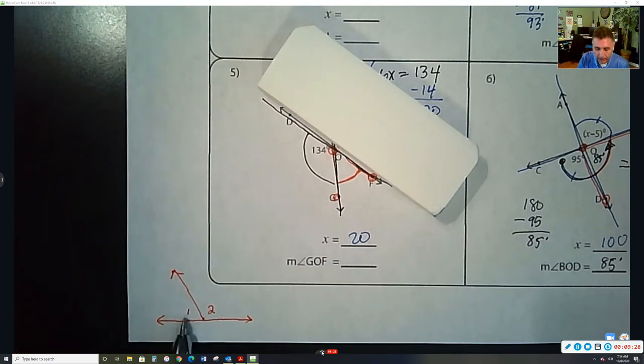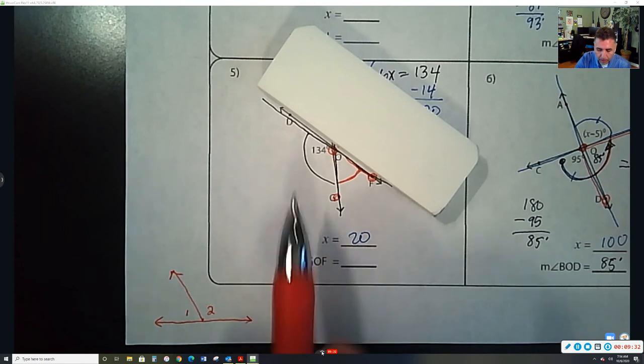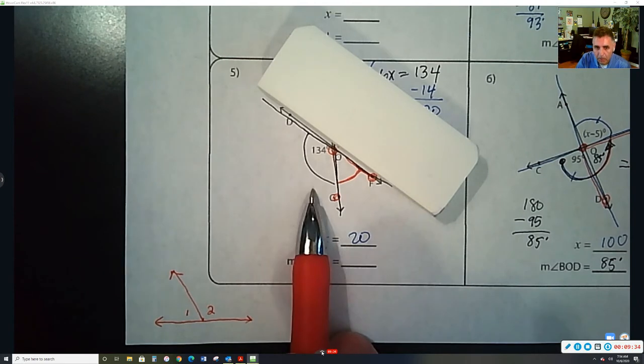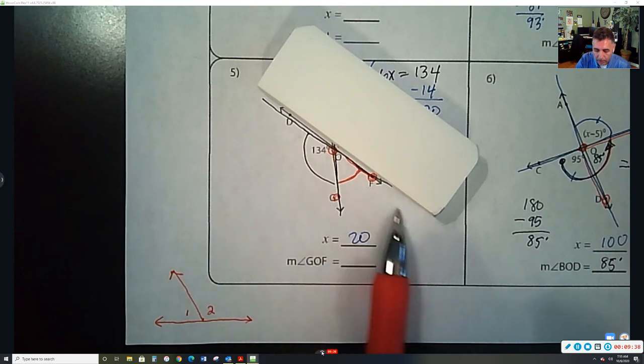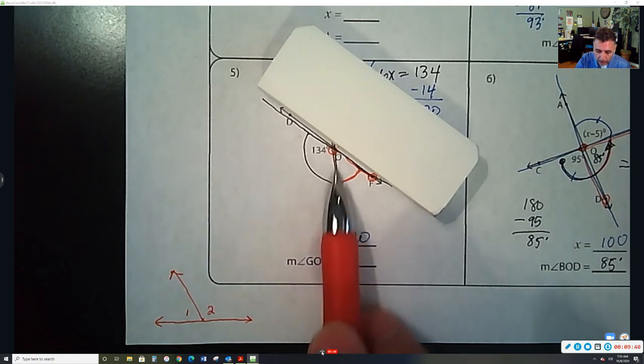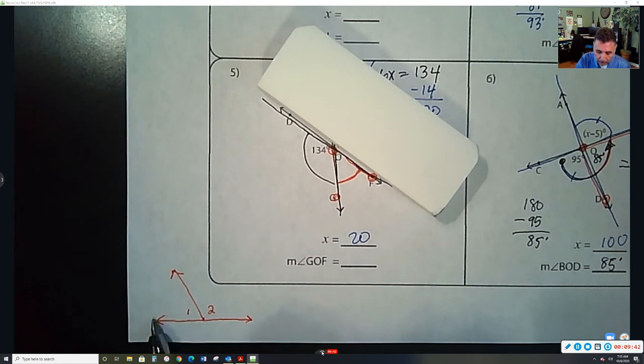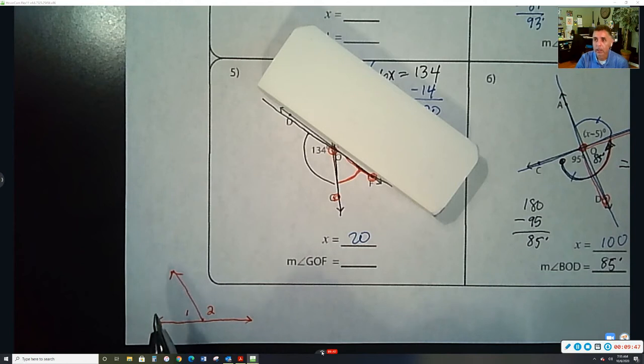And then we said something where these two added up to 180. Well, that pretty much looks like this example, only it's upside down, right? You have a straight line, and then you have a ray coming off of it. Same thing here. We have a straight line, and then we have a ray coming off of it, and the ray is breaking it up into two pieces or two angles.